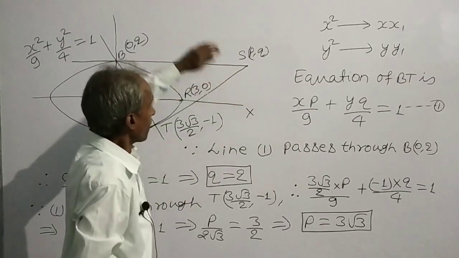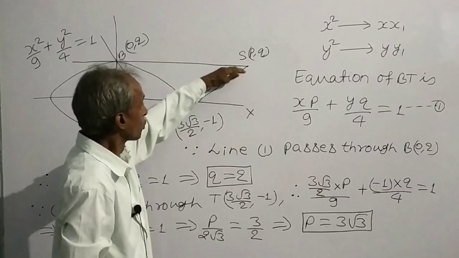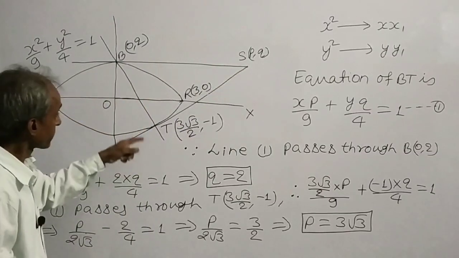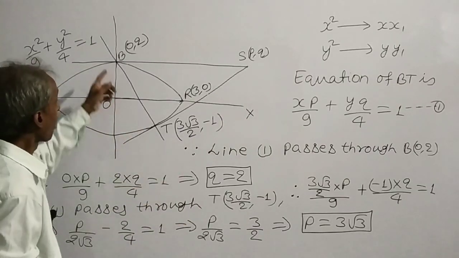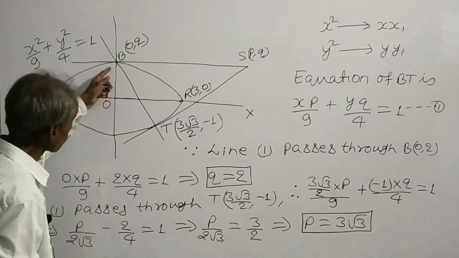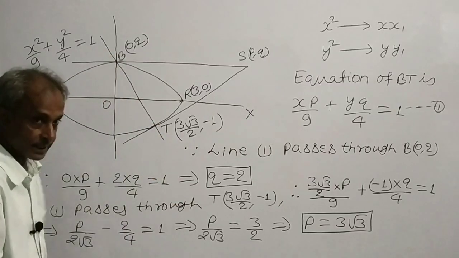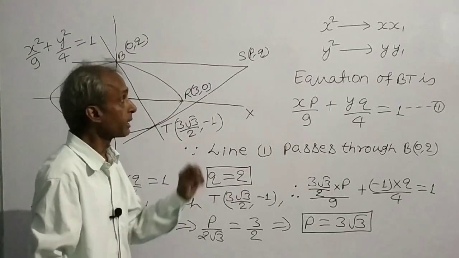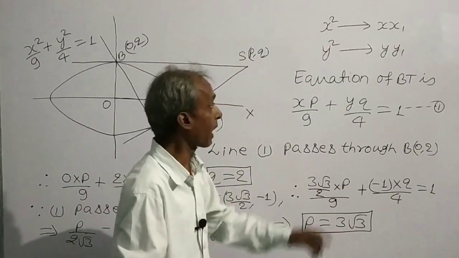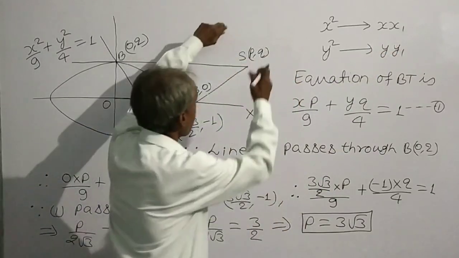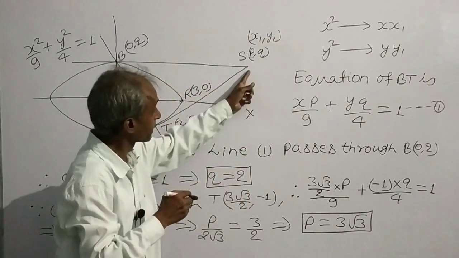Whenever from any point outside the ellipse, two tangents touch the ellipse at two distinct points, then equation of the line passing through those 2 points of contact, that means equation of BT, can be obtained if we write x1 in place of x square, where x1, y1 is the coordinate of this point.